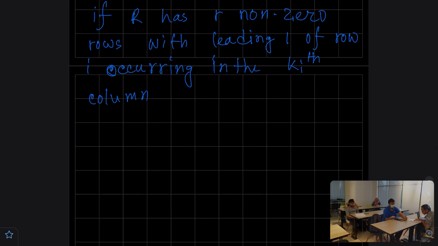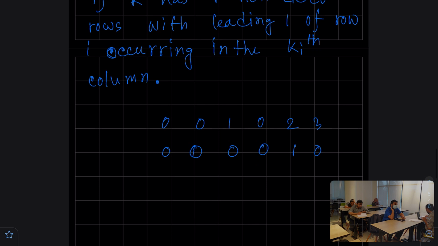So I define the column as ki, because as you can see 0, 0, 1, so 0, 2, 3, then 0, 1, so 0, 0, 0, 1, 0. There is kind of an index of the ki. Okay, so that is the idea.